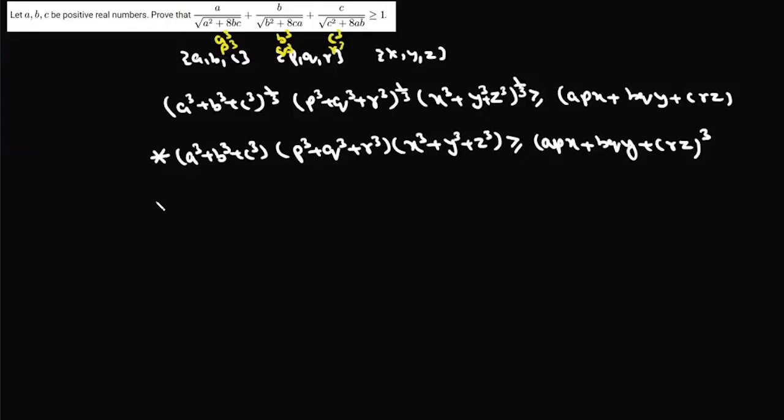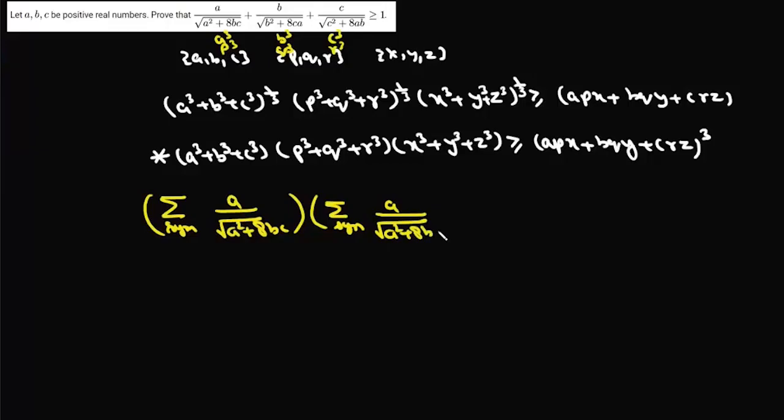So we can write this cyclic or symmetric sum a upon under root of a square plus 8bc, into this symmetric sum a upon under root of a square plus 8bc, into this symmetric sum of a into (a square plus 8bc), will be greater than or equal to, now this is a cube, p cube and x cube.